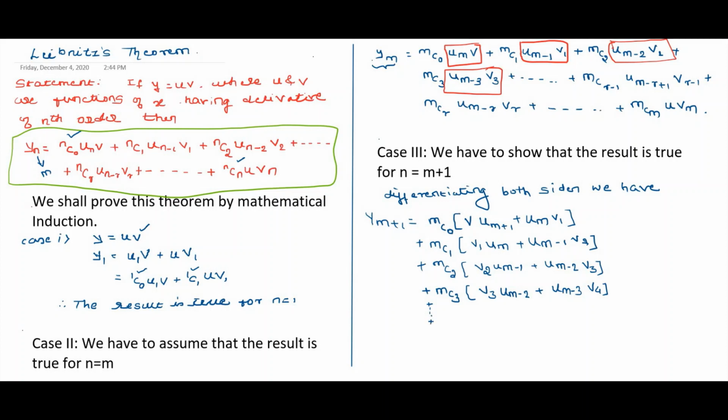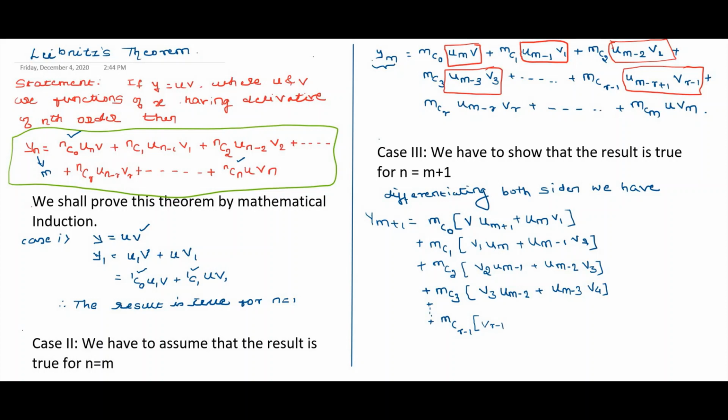Now what is the differentiation of this u_(m-r+1) v_(r-1)? In this case, mC(r-1) as it is, into, now here I will write the second term v_(r-1) as it is.